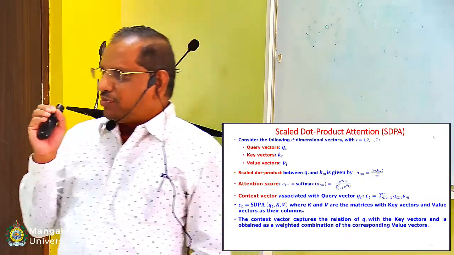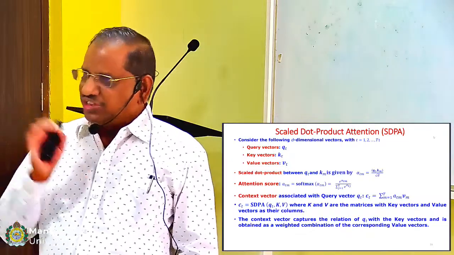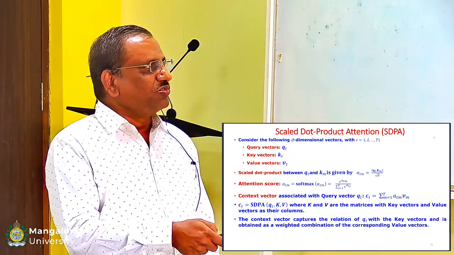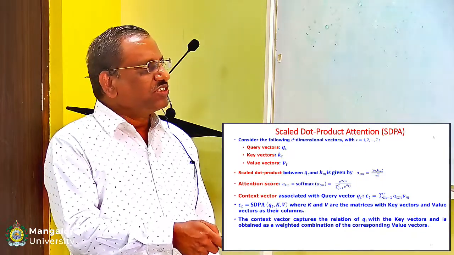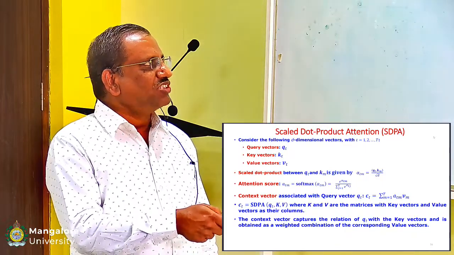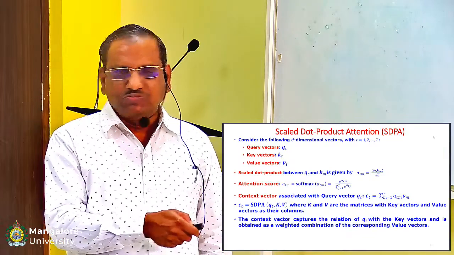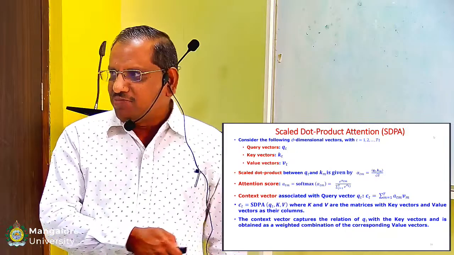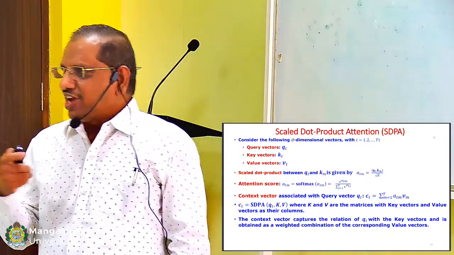Vm is the representation of the word m using the value vector form, and that's multiplied by this attention score, right? Then we do this summation over all words in the sequence. So basically, when you multiply a vector by a number, it will also be a vector. Then you're adding all these vectors to get another vector. So finally, what you're getting is a new vector.